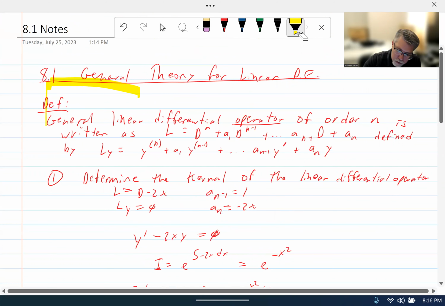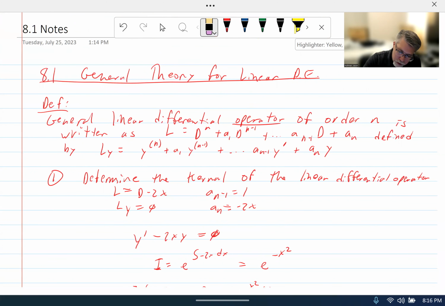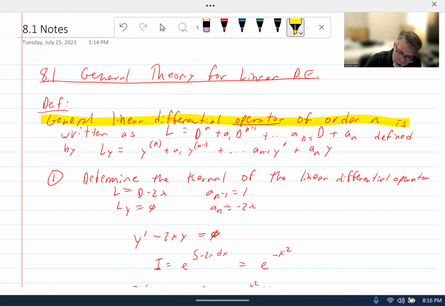The general linear differential operator of order n is written as L equals D to the nth power plus A1 D to the n minus 1 plus dot dot dot all the way to an minus 1 D plus an.